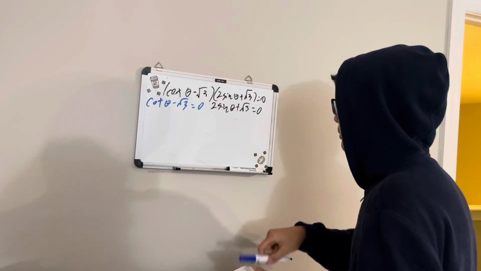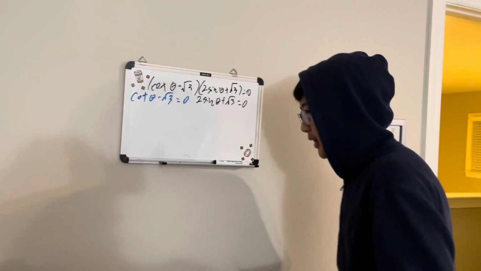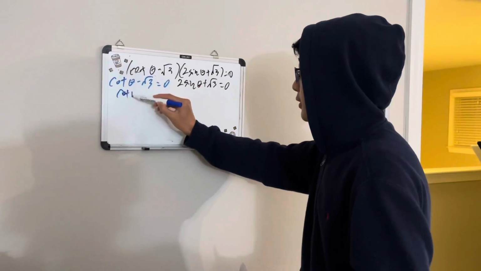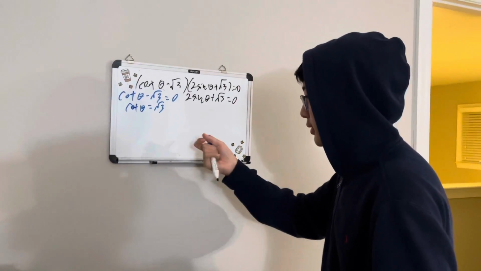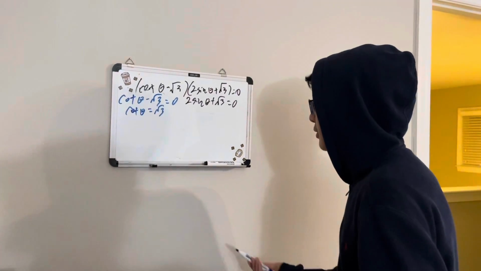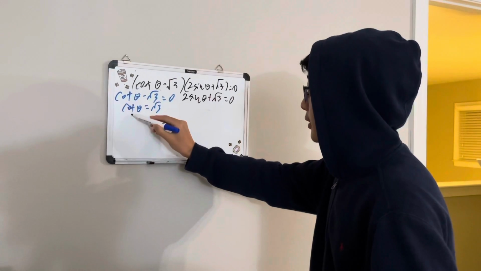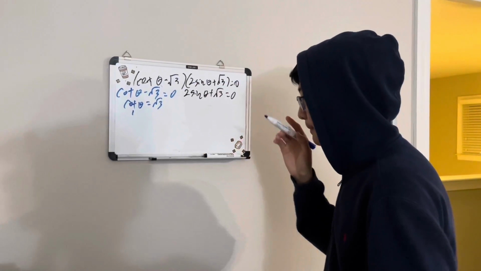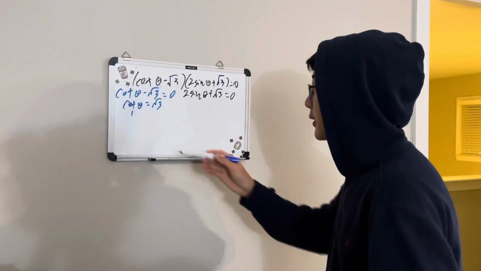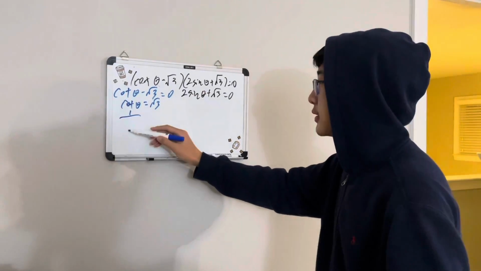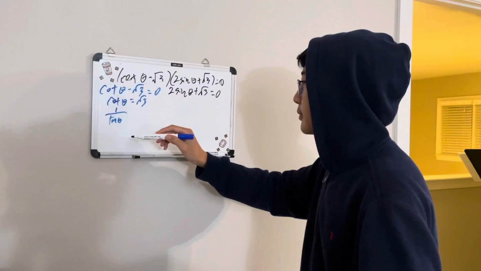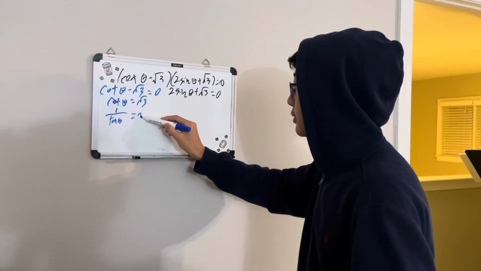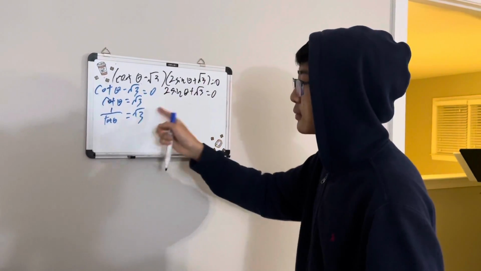Let's just do some simple basic operations first. That's cotangent theta equals root 3, and since that's the easier one, we just do that first. Based on the reciprocal identity, we know cotangent theta is equal to 1 over tangent theta, which is equal to root 3, and we can cross multiply.